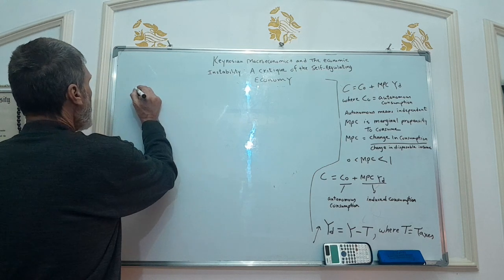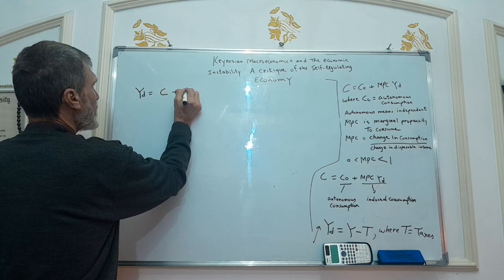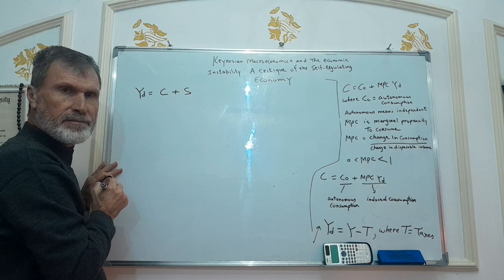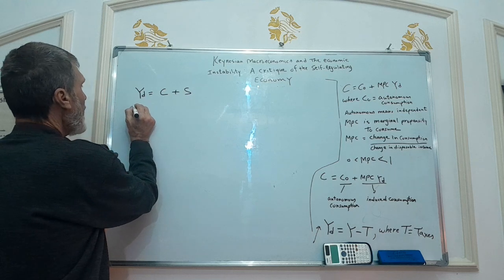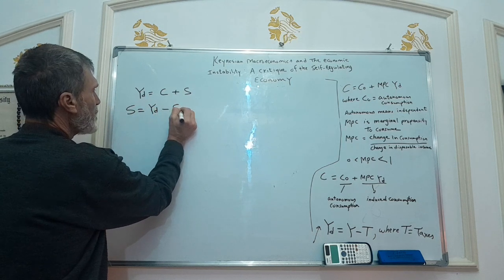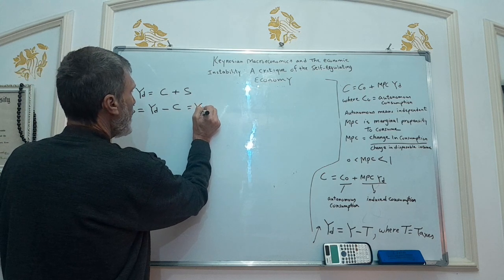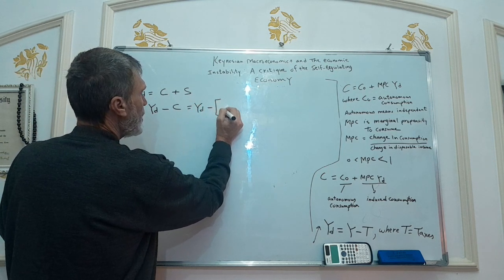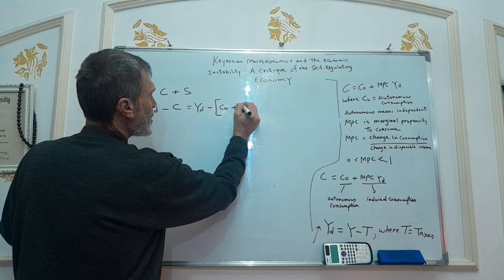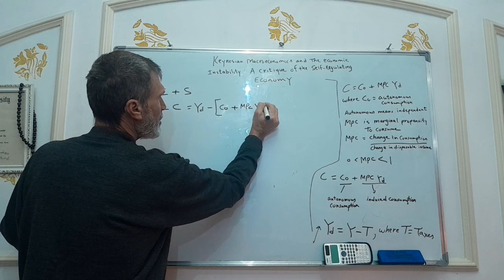So YD is equal to consumption plus saving. So saving is equal to YD minus consumption, which is equal to YD minus (C0 plus MPC YD).